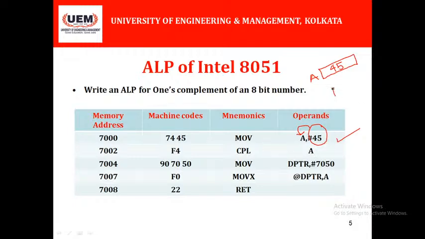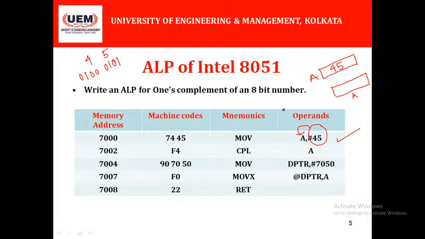So CPL is basically the complement of A. In the A register we have a value and we are making the complement. So for 45, 4 becomes 0100 and 5 becomes 0101.